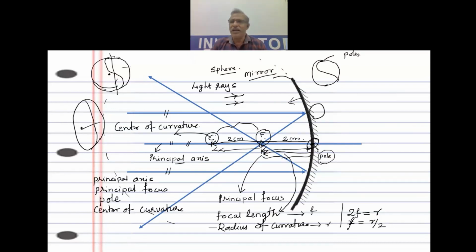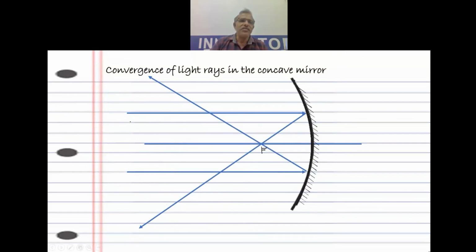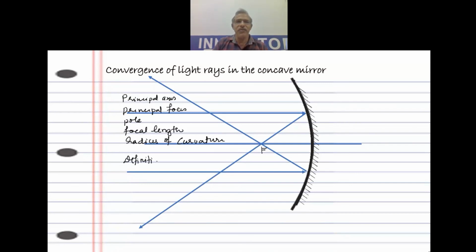Your work now is to draw this and show the principal axis, principal focus, pole, focal length, radius of curvature, and the definition of focal length.